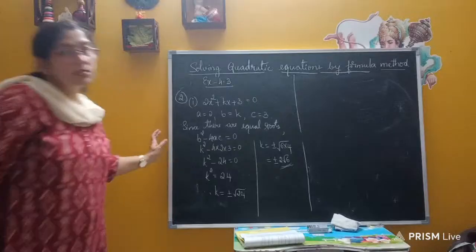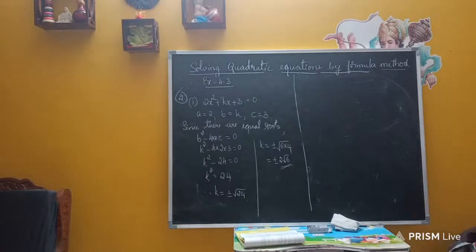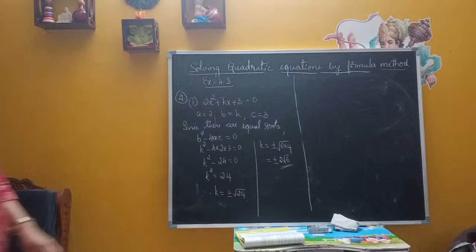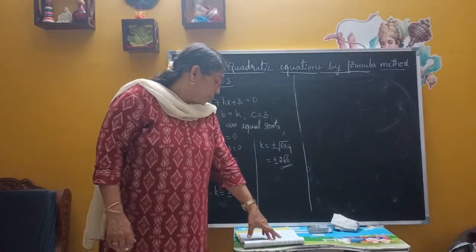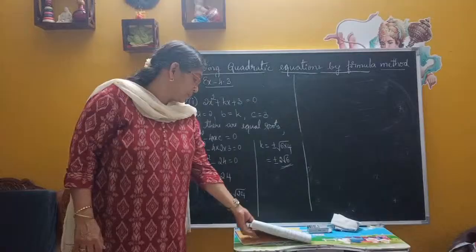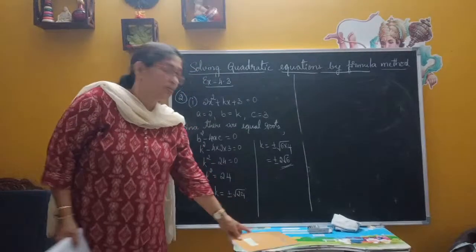Okay, 2 root 6. This is the value of k. Now the second one, let us do.